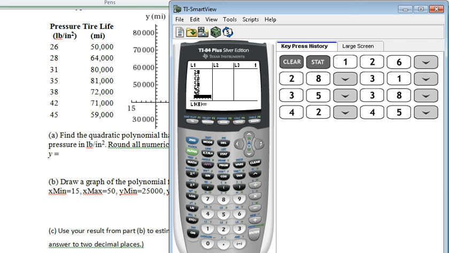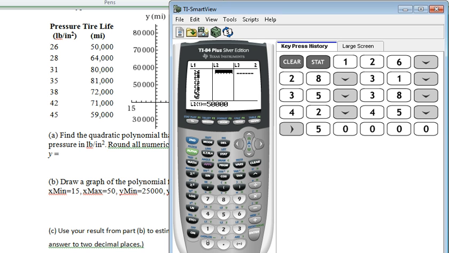Then use the right arrow to go over to L2 and enter 50,000. And this data is the expected life of the tire, down arrow, 64,000.